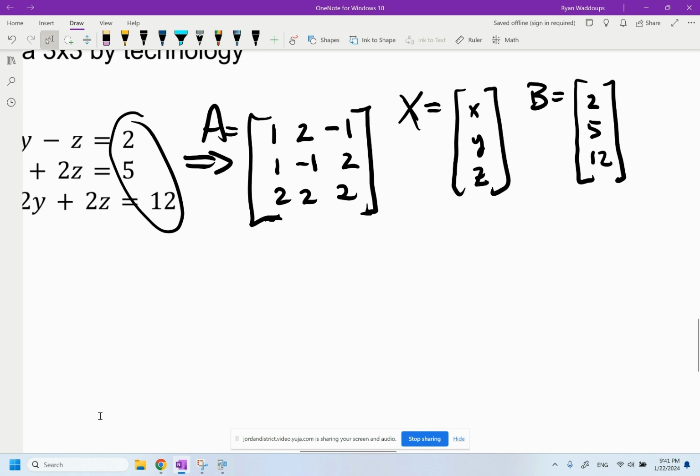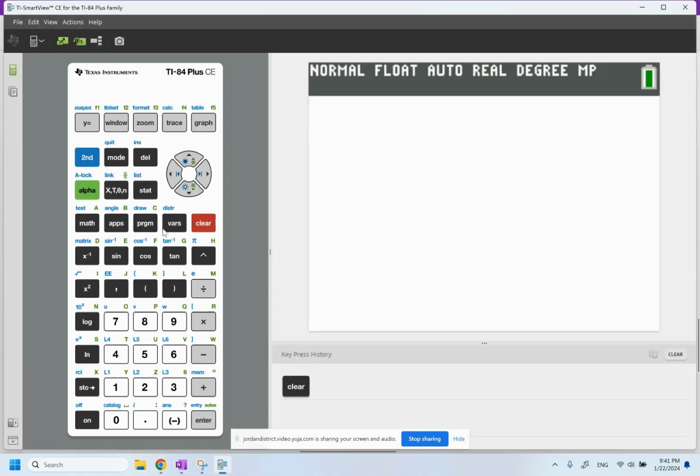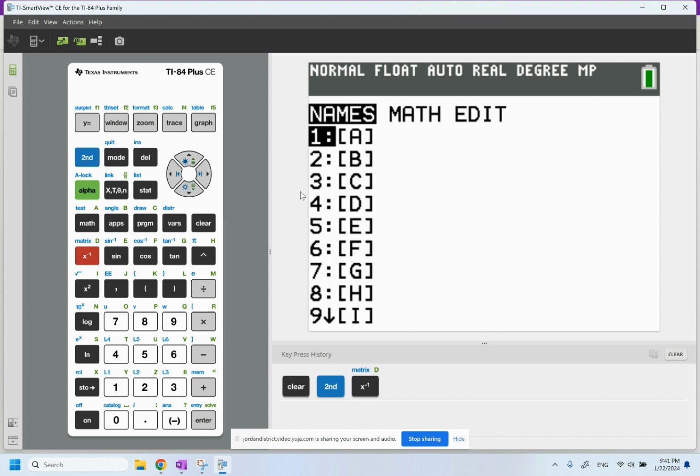So we need to go to our calculator and enter that information. This is how that looks. Bring up our calculator, and we're going to use the matrix menu. I'm going to hit second, and then push the x to the minus 1 button, which gives us the matrix menu that's right above it. And we see names, math, edit.